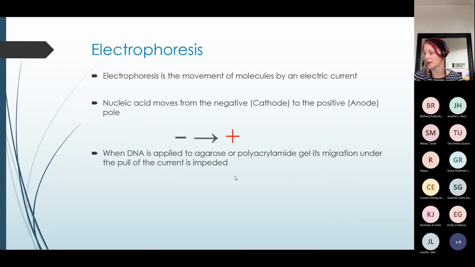When DNA is applied to an agarose or polyacrylamide gel, its migration under the pull of the current is impeded. Remember, it slows down through the gel, and different concentrations of gel can make it faster or slower through its migration process.